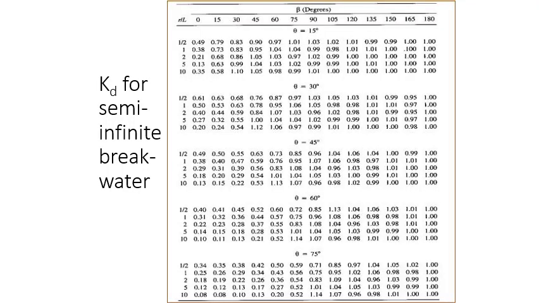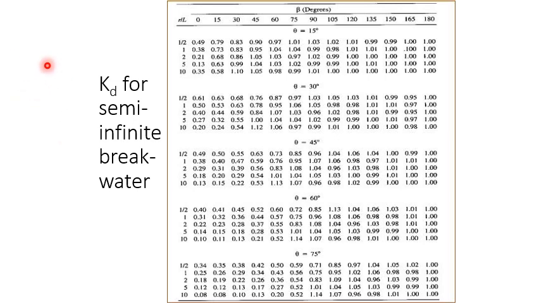This table here shows the typical diffraction coefficient KD value for a semi-infinite breakwater. So basically for a barrier like what we saw earlier in the definition figure, which is semi-infinite, that means it ends, it has a tip at a certain point.